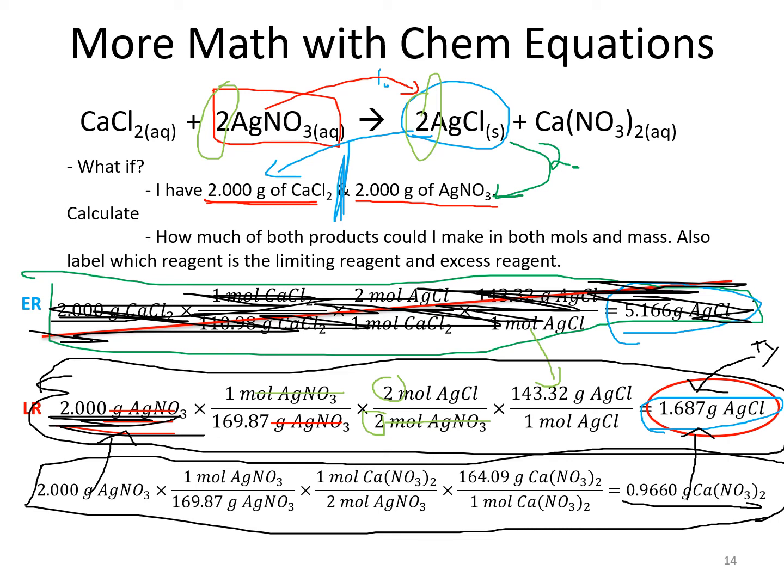The thing is that when you're doing these limiting reagent problems, you need to make sure that you're converting both of your reactants to the same product. Notice how in the first example we converted calcium chloride to silver chloride, and we converted silver nitrate in the second example again to silver chloride. So in order to have a valid comparison, you need to be converting to the same product.